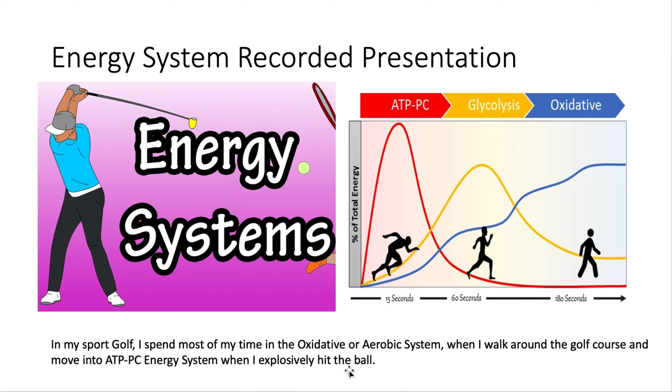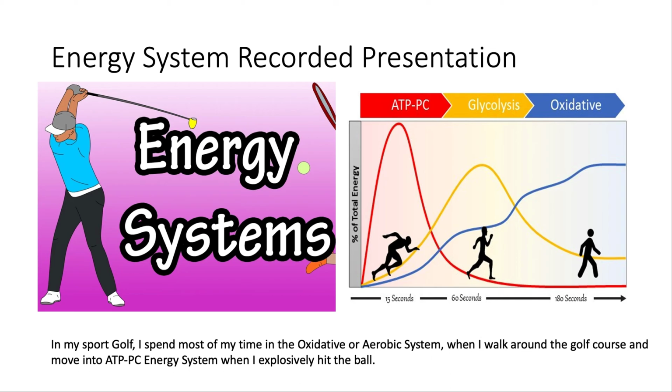She might say, I don't spend all my time in the ATP system. I might make that shot, be out of breath for a very brief period once I've made that shot, and then quickly move into the oxidative system and recover while I'm walking to that next shot.